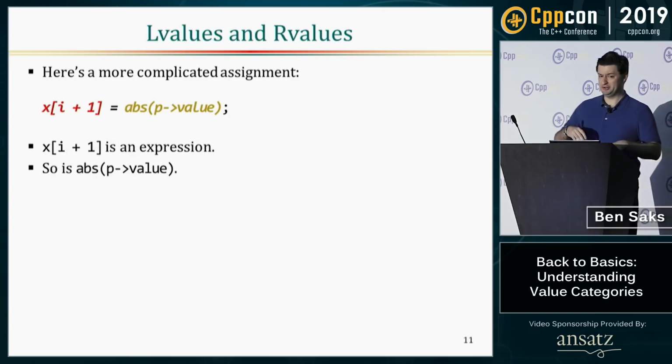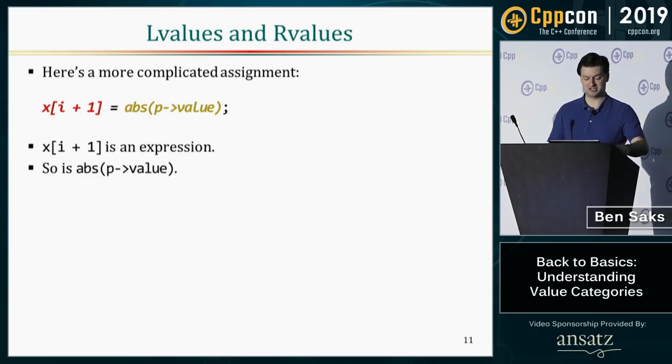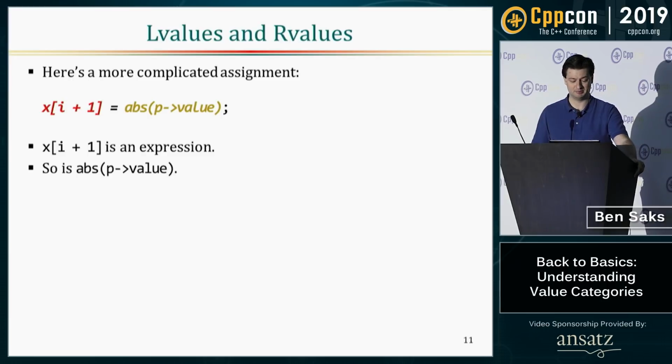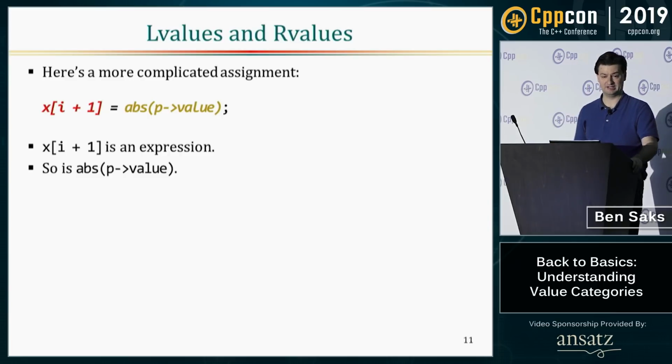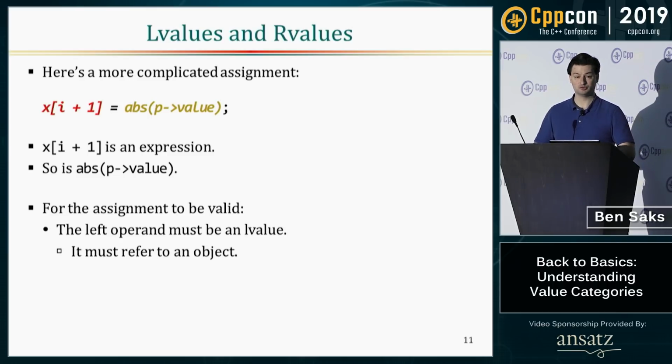Now, the example I just showed you used relatively simple expressions, but those expressions can also be more complicated, as in this example. So here the left-hand side is made up of several tokens. It's x[i + 1]. The right-hand side is the absolute value of p->value. Both of those are sub-expressions. And the same rules apply.